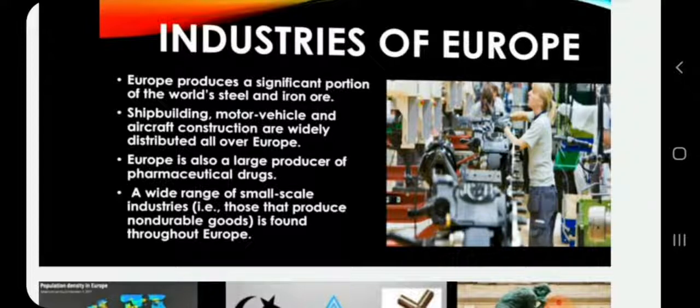A wide range of small-scale industries, those that produce non-durable goods, are found throughout Europe.